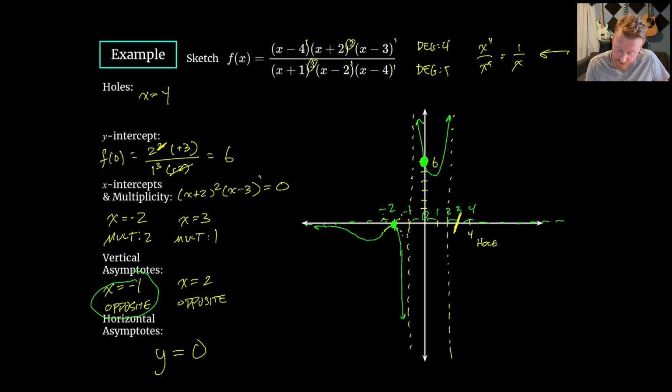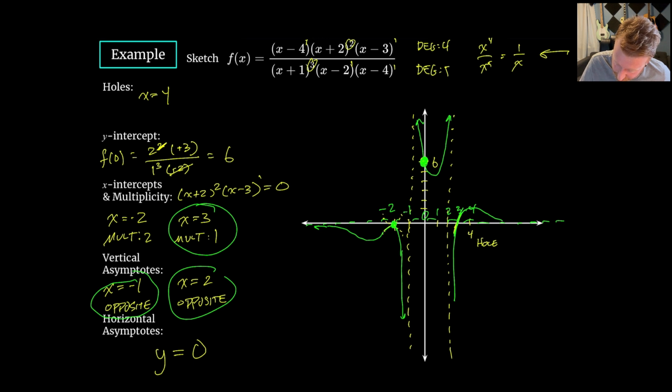Okay, so then what's going on over here near this other vertical asymptote? That's also going opposite direction, so it must be coming up this way. It must be passing through because of the multiplicity at 3 just being 1. And then I know it must also turn around and approach going that way asymptotically, and then I need to remember to put in a hole here.